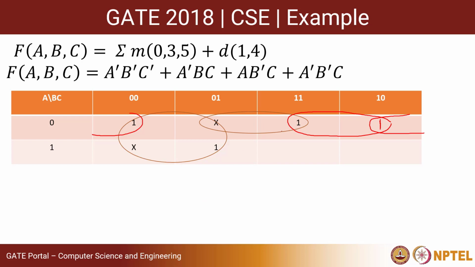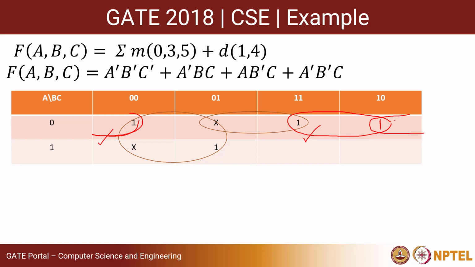But if I take this as a prime implicant, the one that I have circled, it covers a minterm which is already covered by some other implicant, and it is not covering any unique minterm.